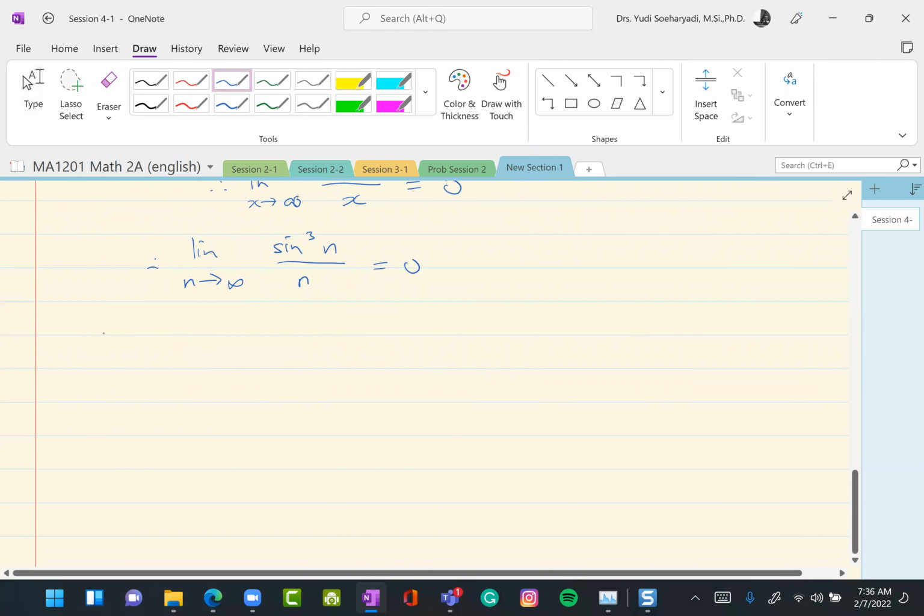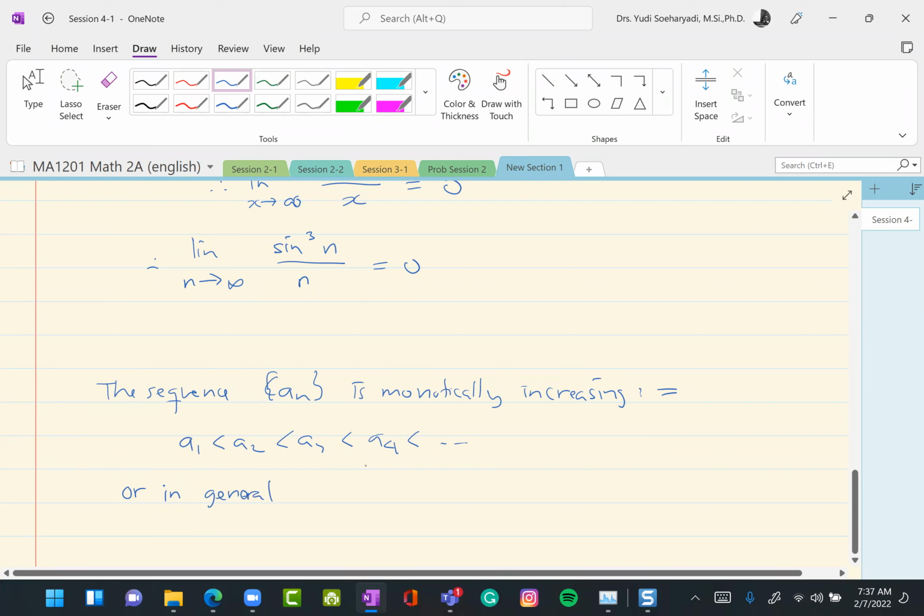All right, so let's see. Increasing means that, say, a1, a2, a3, or a_n is larger than the previous one.